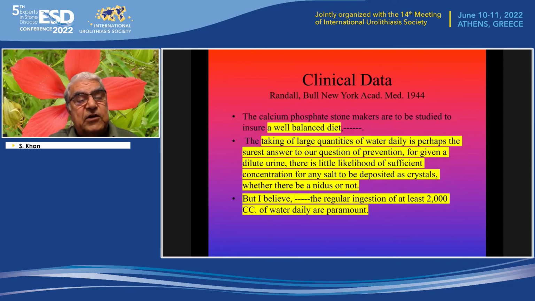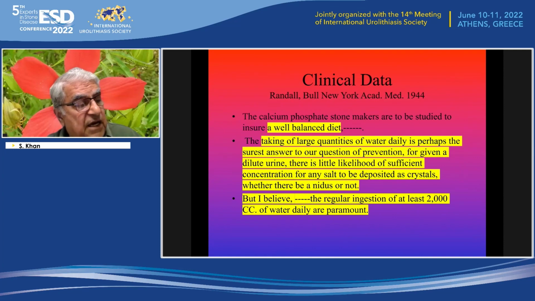Now go back to 1944, last century. Randall, when he published this, said that calcium phosphate stone makers are to be studied to ensure a well-balanced diet, and taking of large quantities of water daily is perhaps the surest answer to our question of prevention.